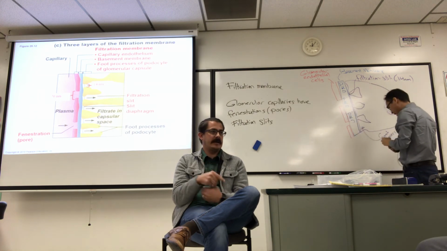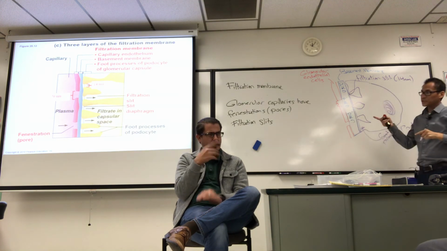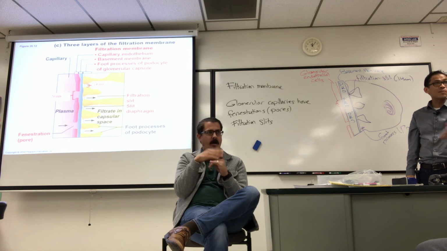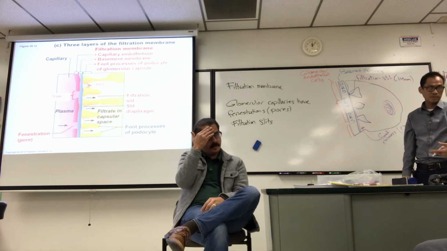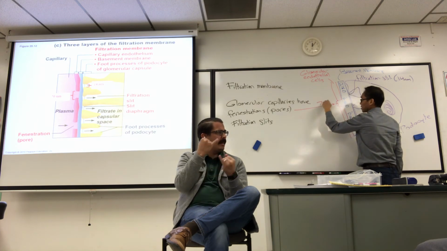Well, anyways, that gap right here, those are what I call the fenestrations. And those have been measured to be something like 70 nanometers. It's a much bigger hole. That's why you need the slits to limit what's filtered. So I'll just draw a line from there to there. It's 70 nanometers.